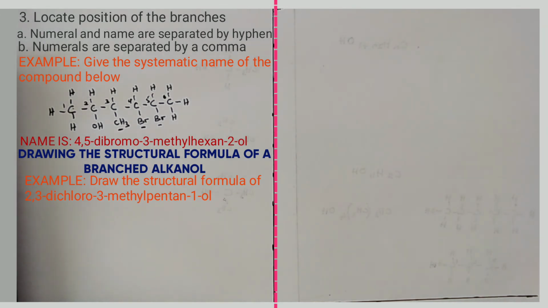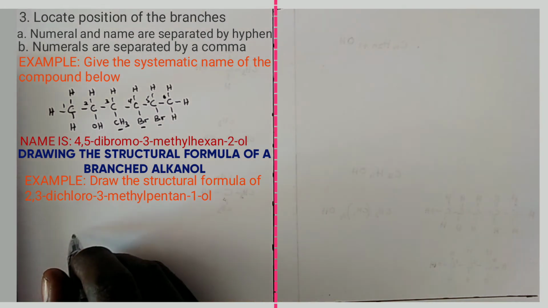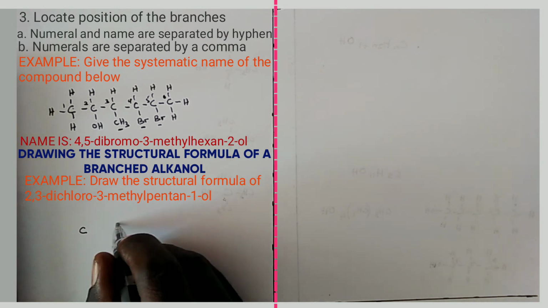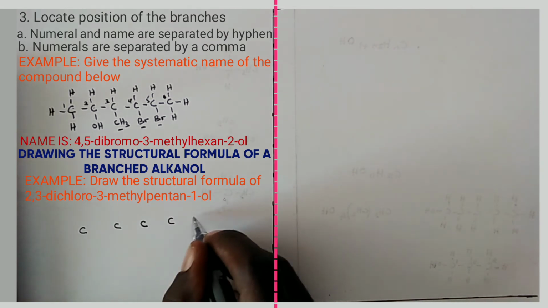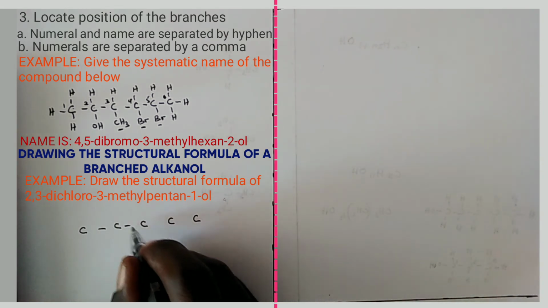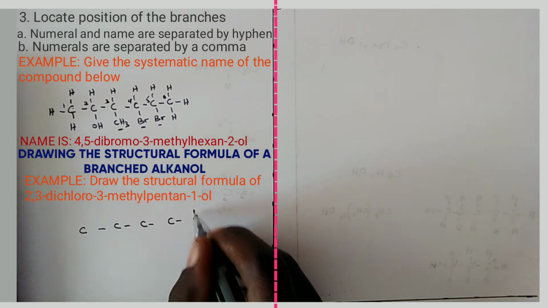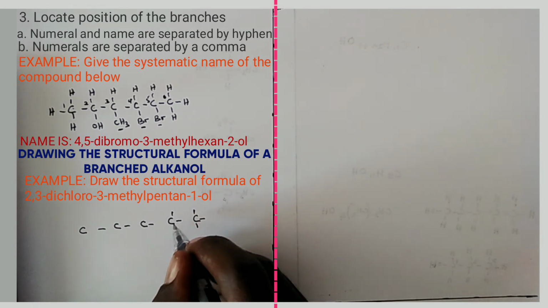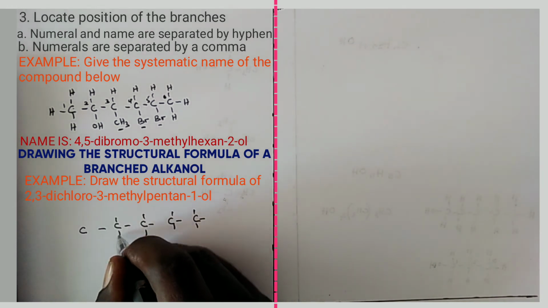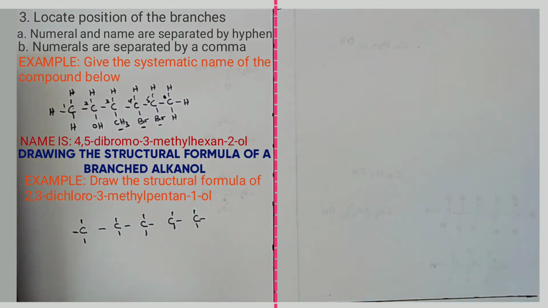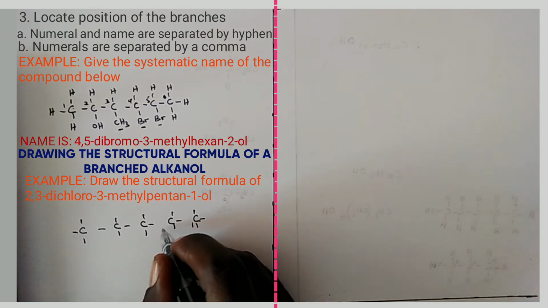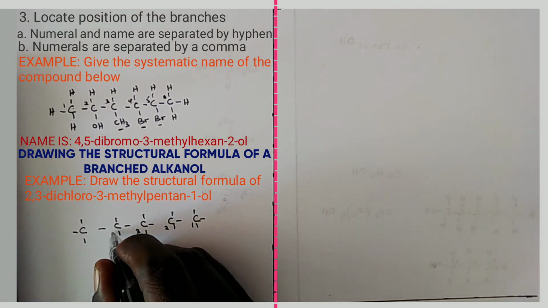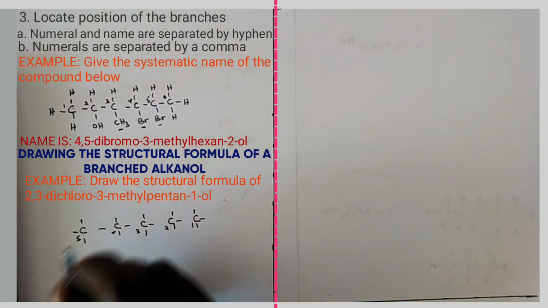It's called pent. Pent means 5 carbon atoms. So I draw 5 carbon atoms, join all of them with single bonds, then make each carbon have 4 bonds. Then give them numbers from either side: 1, 2, 3, 4, 5.